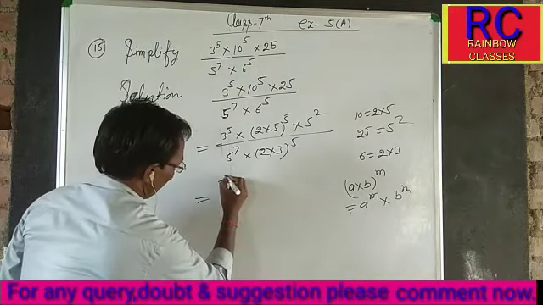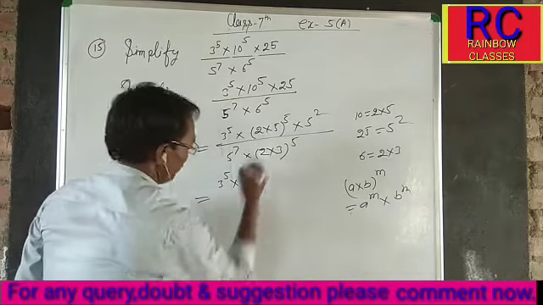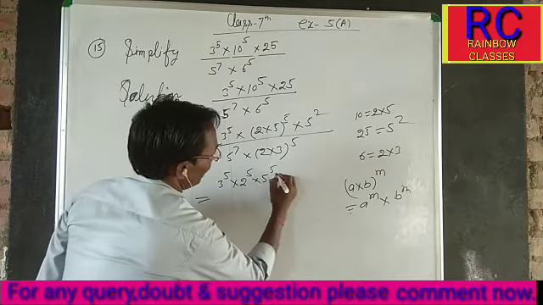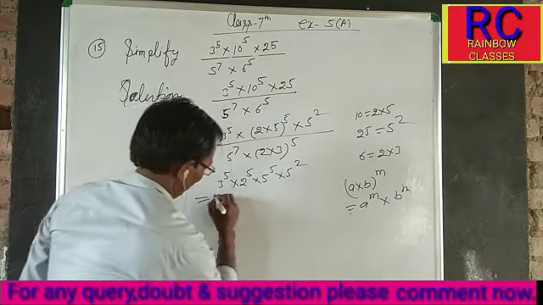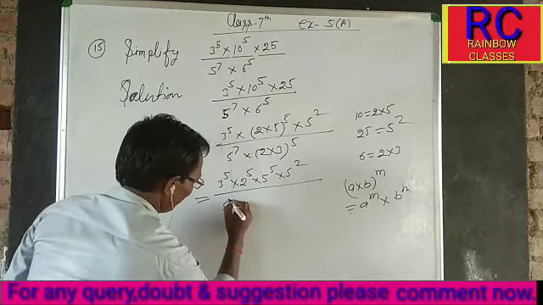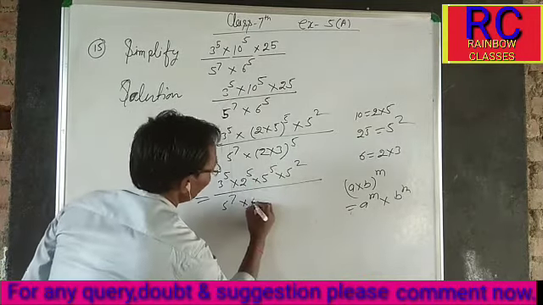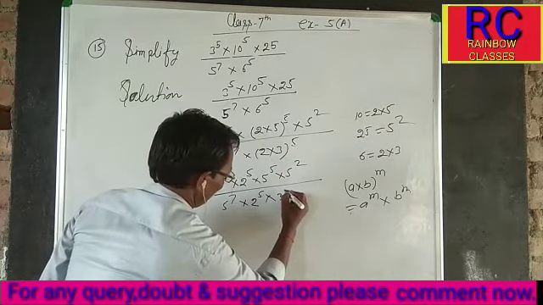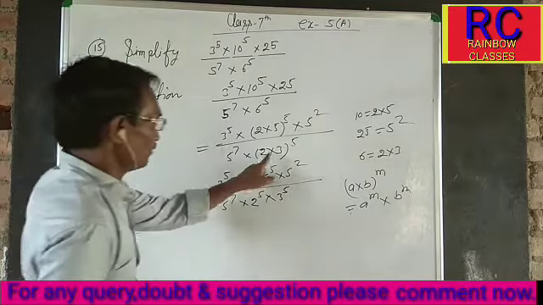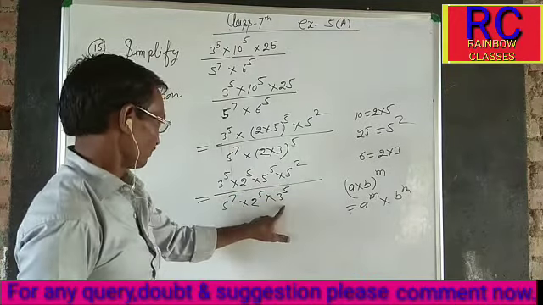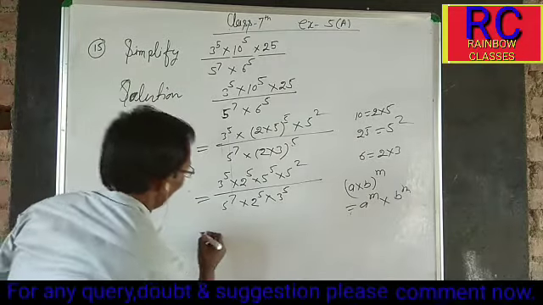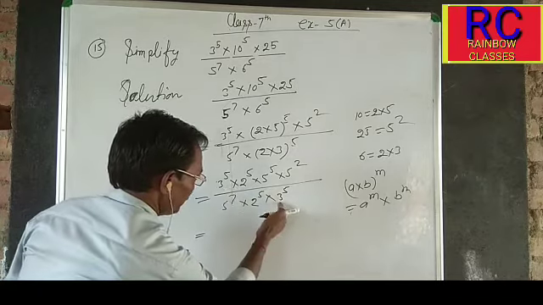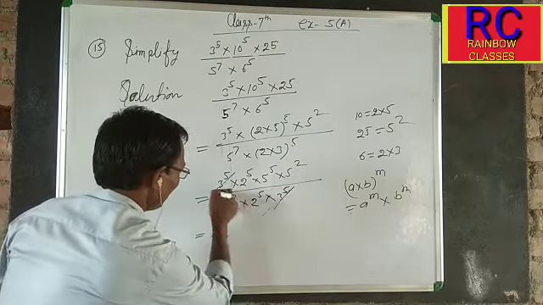And 3 to the power 5 into 2 to the power 5 into 5 to the power 5, into 5 to the power 2 by 5 to the power 7 into 2 to the power 5 into 3 to the power 5, 3 to the power 5, right?